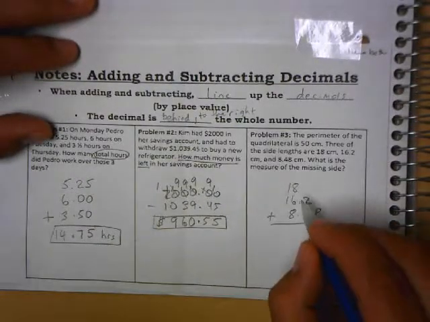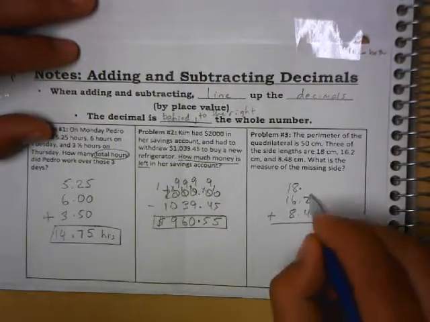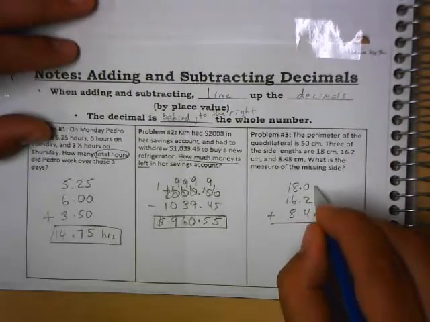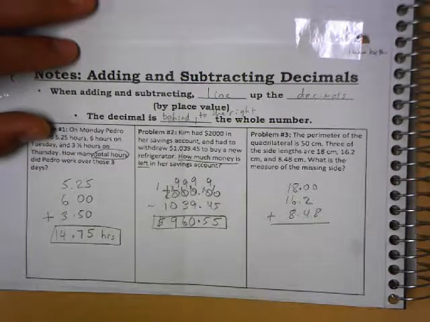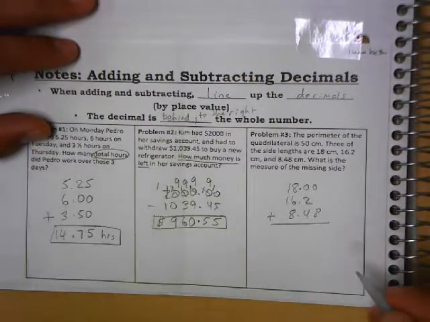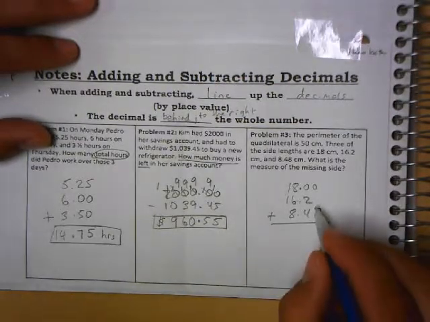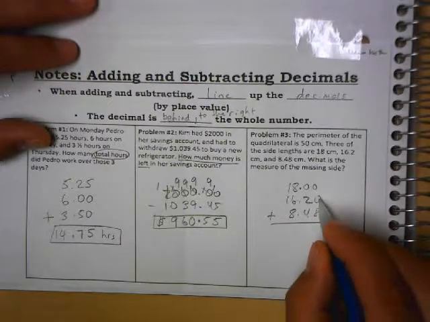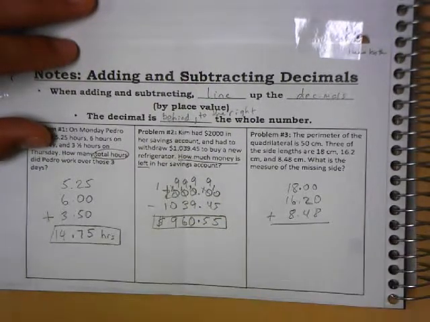We can just fill those in. 18 can also be expressed as 18 with a decimal and 2 zeros. Zeros are placeholders. 16 and 2/10 can also be expressed as 16 and 21/100. Okay.